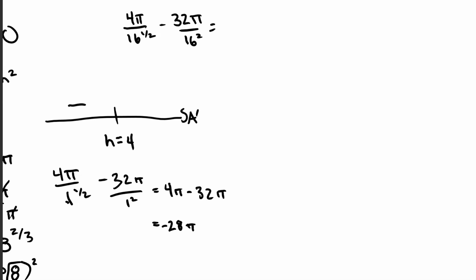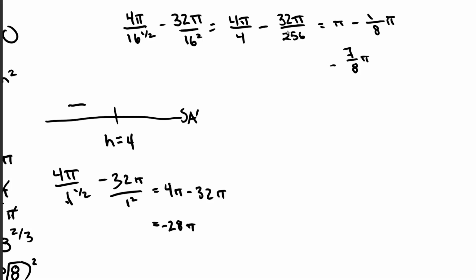All right, so we've got 4 pi divided by the square root of 16, which is 4, and then minus 32 pi divided by the squared version of 16, which is 256. All right, and 32 goes into 256 8 times, so I've got pi minus 1/8 pi, which is 7/8 pi.